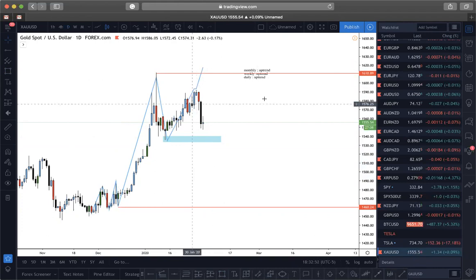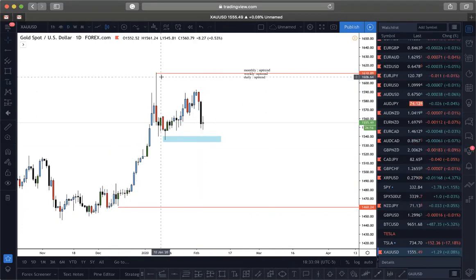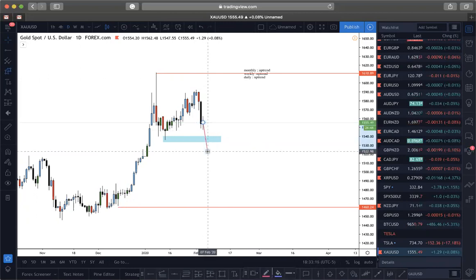So now we wait on one of two things before we make a decision on this daily time frame, right? We can wait for the market to make a low here.